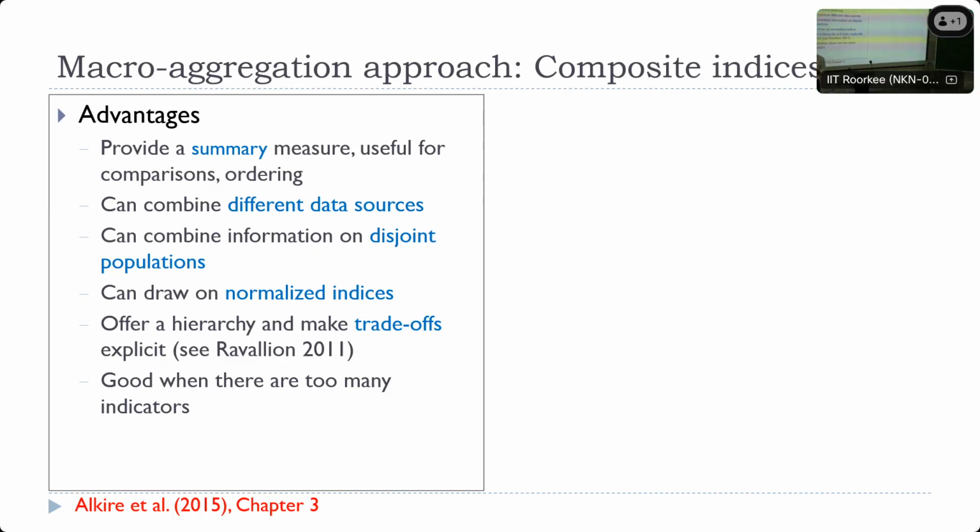So if you think some indicators are more important, you put more weight. Some indicators are less important, less weight, so they contribute less towards the progress and so on. If you want that hierarchy, it is possible. Of course, when there are too many indicators, combining them is definitely better.